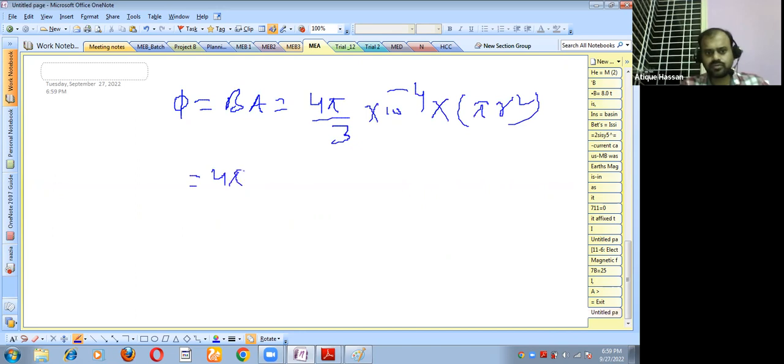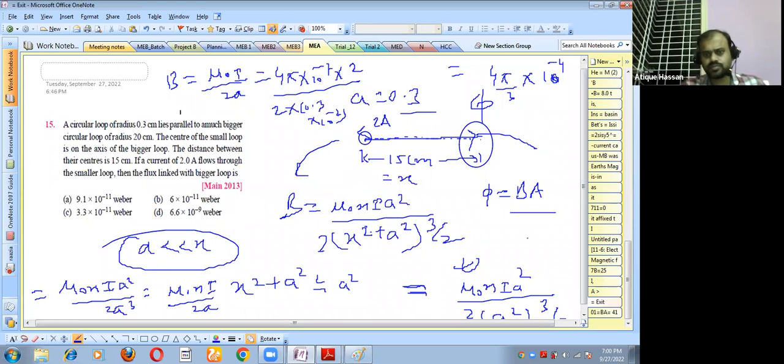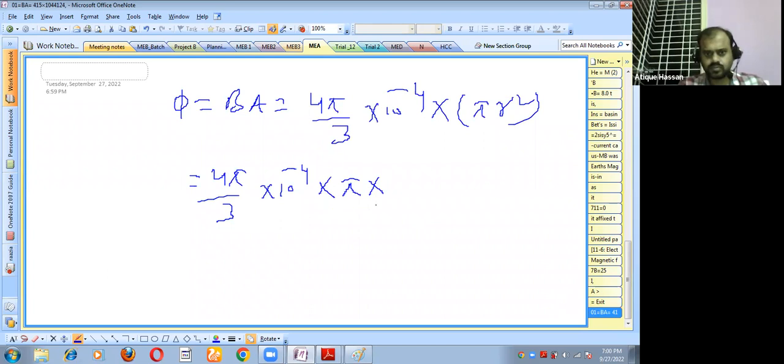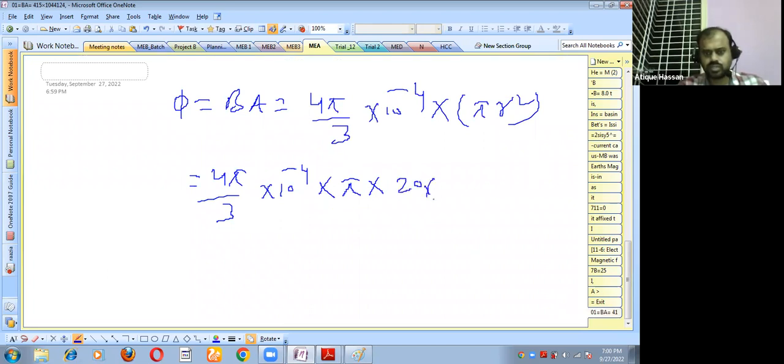What is the radius of the larger loop? 20 centimeter, so it is 20 into 10 to the power minus 2, squared.